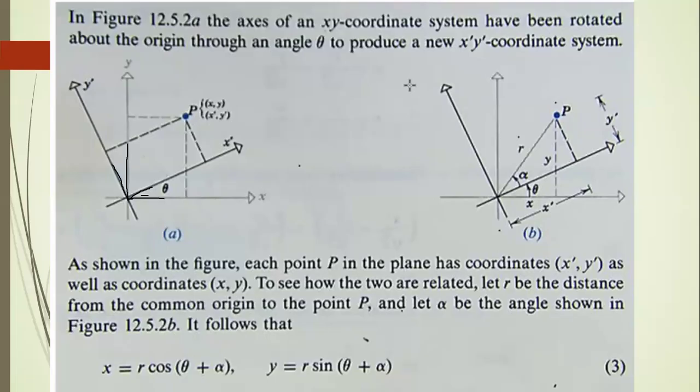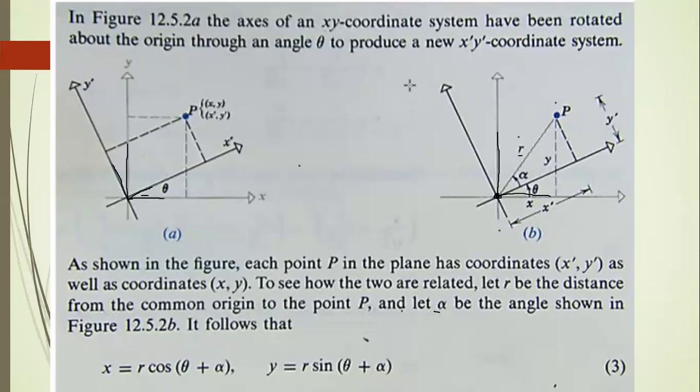If we look at the second diagram at the faint axis, first let's identify our points. They said to let r be the distance from the common origin to point P. So we know that our common origin would be here at 0, 0. And then we have our common point P. The distance from the common origin to P, we're going to call that r. And then let alpha be the angle shown.